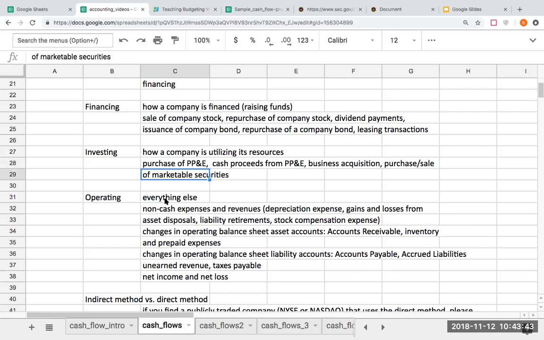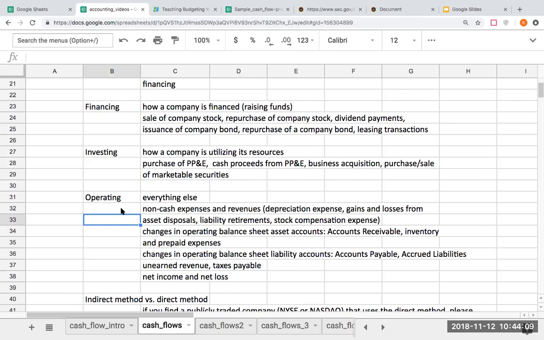Now for operating, it's pretty much everything else. And these are going to be non-cash expenses and revenues such as depreciation expense, gains and losses from asset disposals, liability retirement, stock compensation expense. Also, we're going to be having here the change in operating balance sheet asset accounts, receivables, inventory, and prepaid expenses.